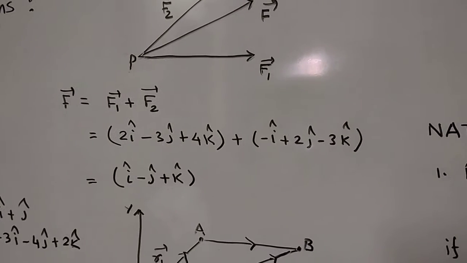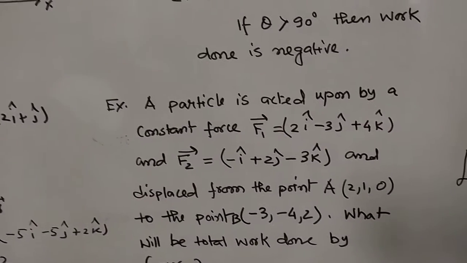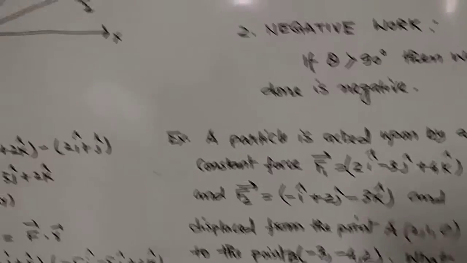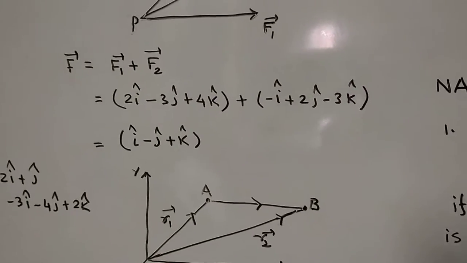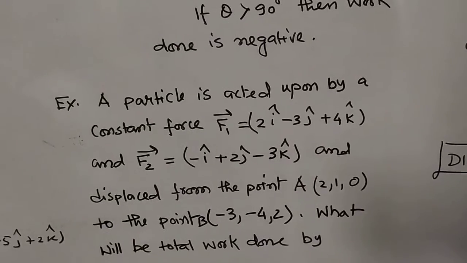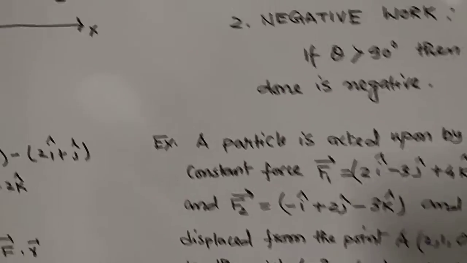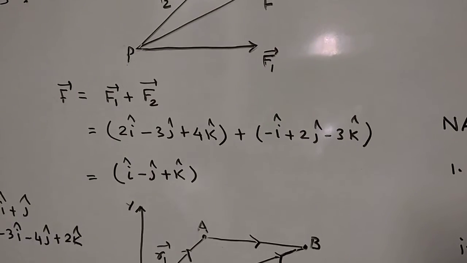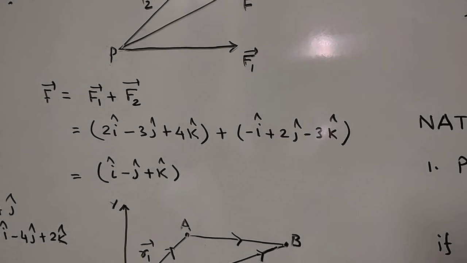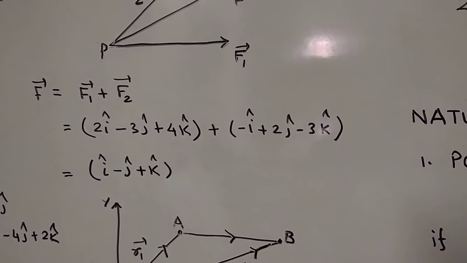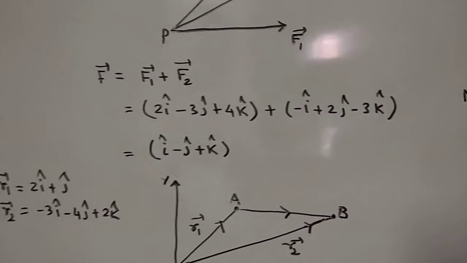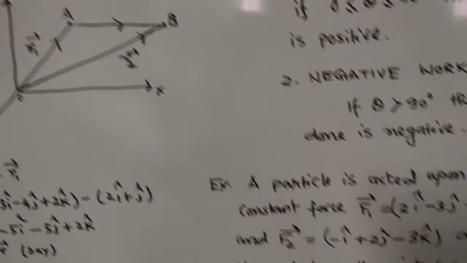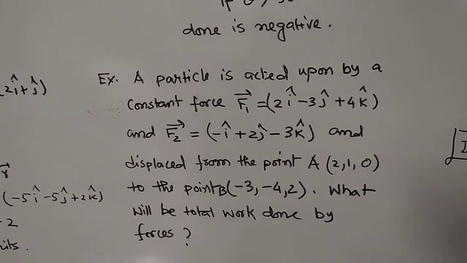F1 vector is 2 i cap minus 3 j cap plus 4 k cap, and F2 vector is minus i cap plus 2 j cap minus 3 k cap. If we simplify, 2 minus 1, 1 i cap, minus 3 plus 2, minus j cap, plus 4 minus 3, k cap. And it moves from the position A to B.